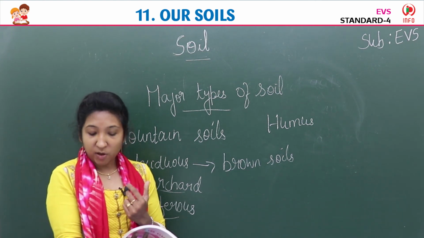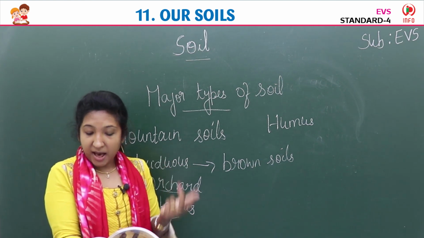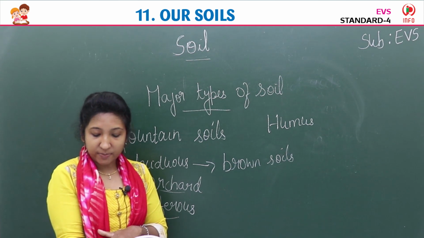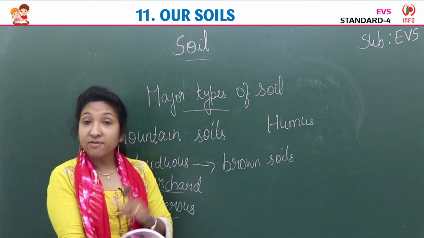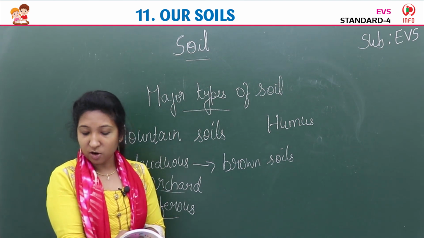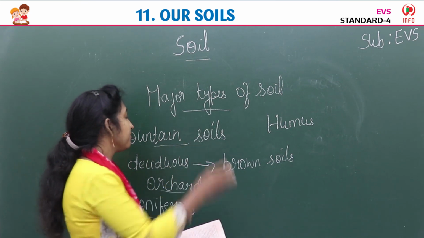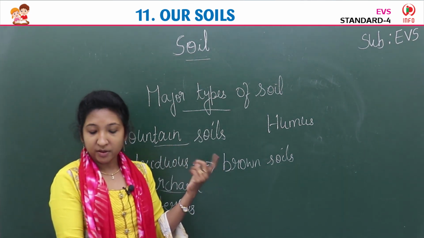These soils grow maize, barley, wheat and fruits. So in these brown soils, what all crops can we grow? Maize, barley, wheat and fruits. Good crops of paddy, wheat, soybean and even sugarcane are grown in mountain soils. So which are the crops that grow in mountain soils, children?